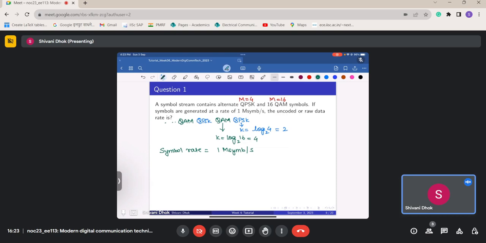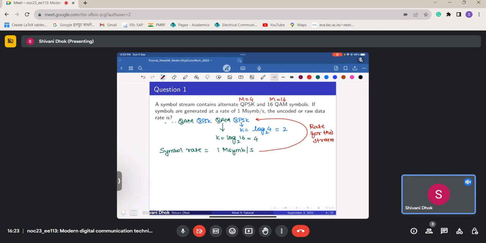What this means is, we need to find the number of bits I am sending per second. Now what exactly is happening here is this rate which is given here is the rate for this stream.